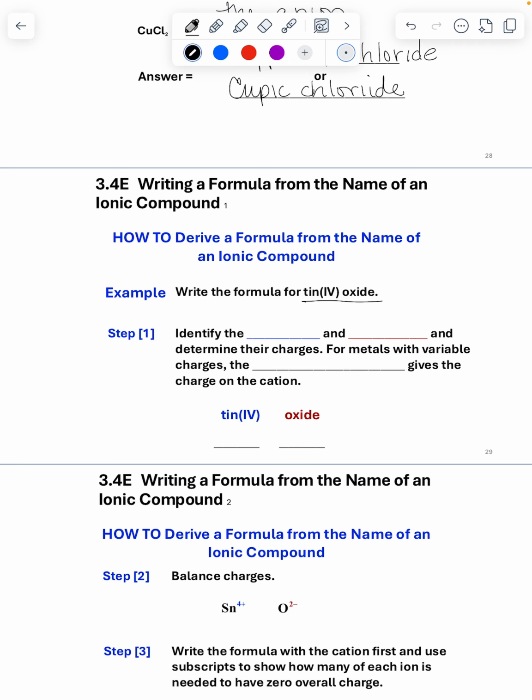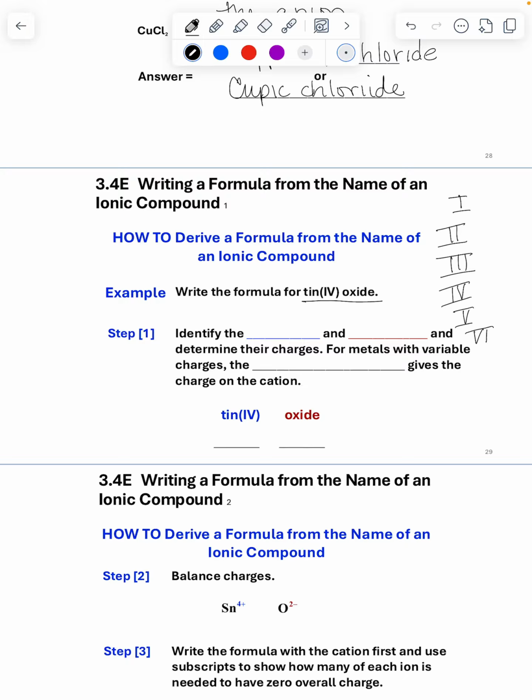Just a brief review of your Roman numerals in case you are wondering. Roman numeral for 1 is just I, 2 is double I, 3 is triple I, 4 is IV, 5 is just the letter V, and 6 is VI.